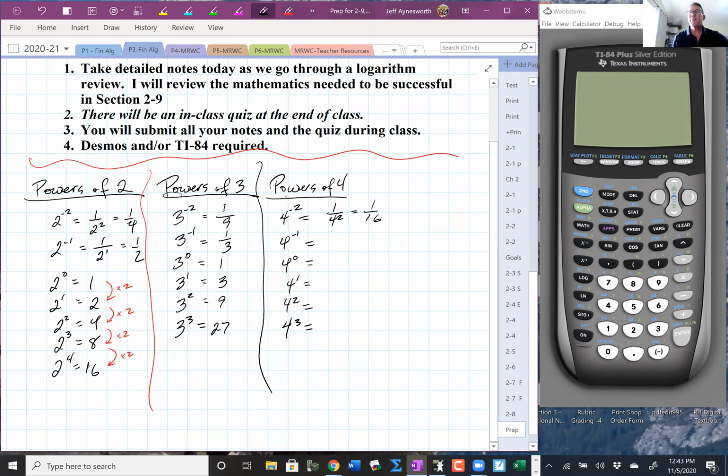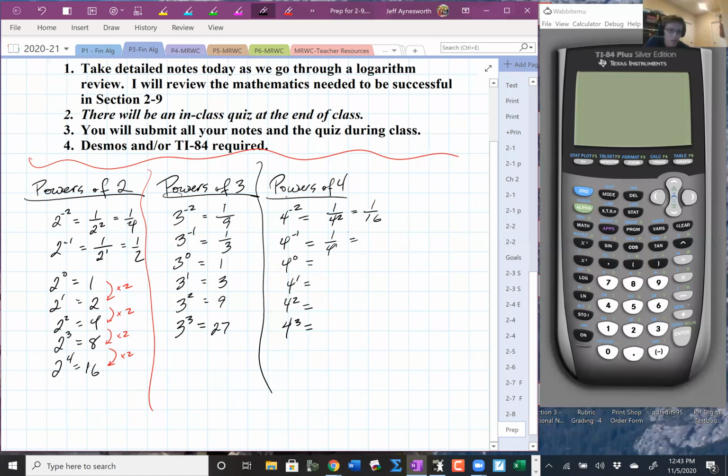See, anytime you have a negative exponent, you're going to get these fractions. How about the next one? What do you get on 4 to the negative 1? It'd be 1/4 to the first power, which should be 1/8. No, be careful. It's 4 to the first power.